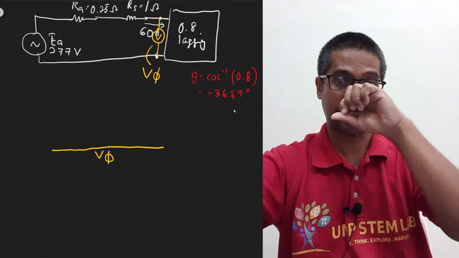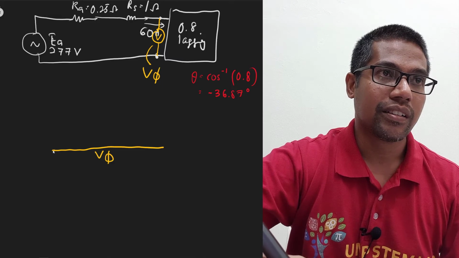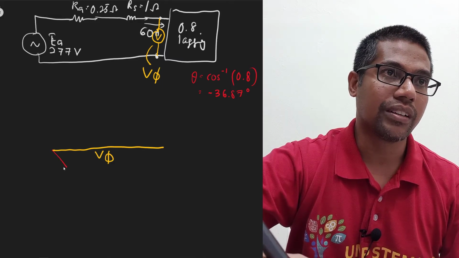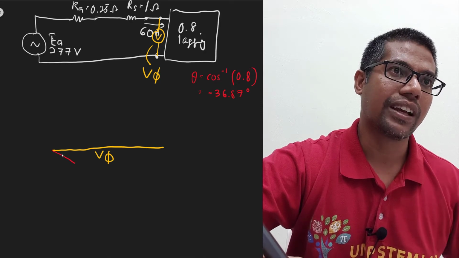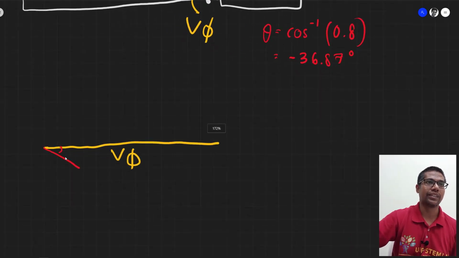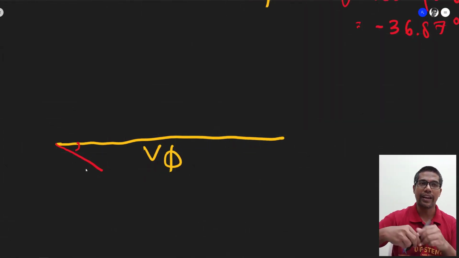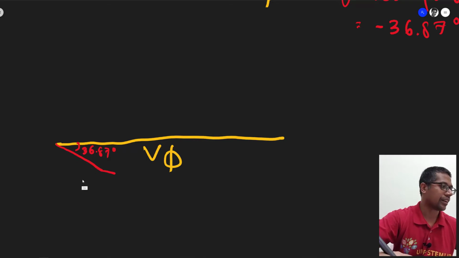So that's the current, it will be around that, more like 45. There you go. This is our current at 36.87 degree, and this is our I, 60 ampere.